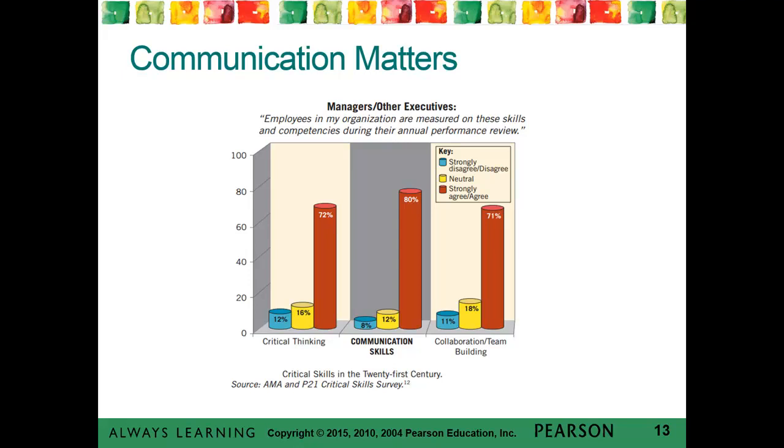They're looking to see that you can work well on a team, you can think critically, but look where communication ranks. I mean, 80% of the managers and the employers out there are saying that they strongly agree that communication is high on their list for their employees.